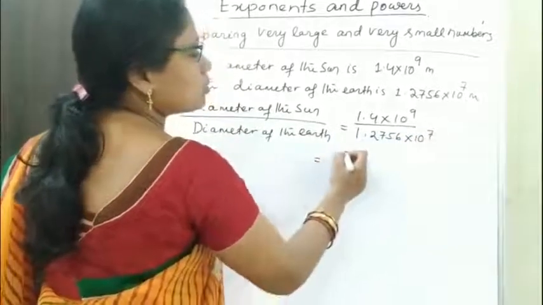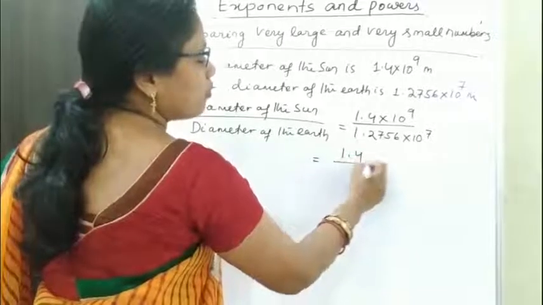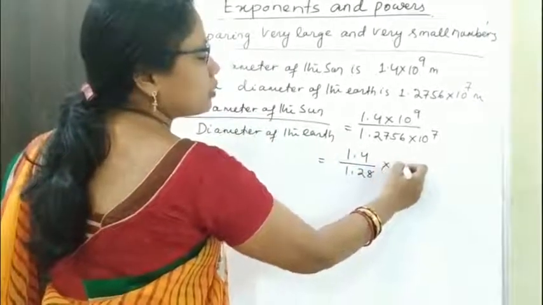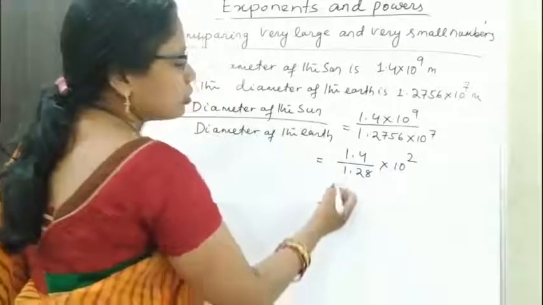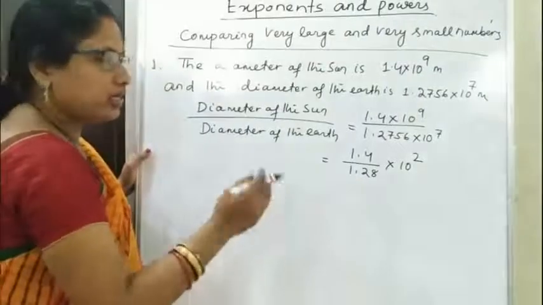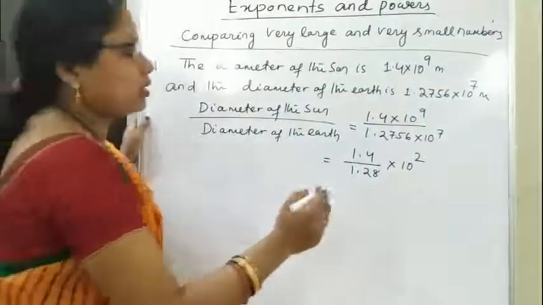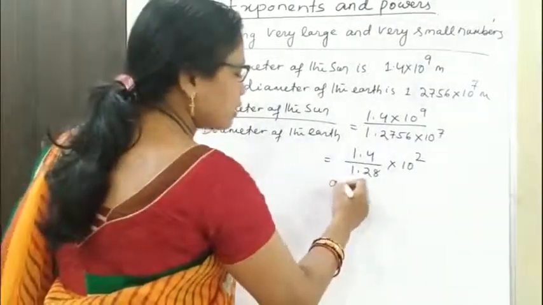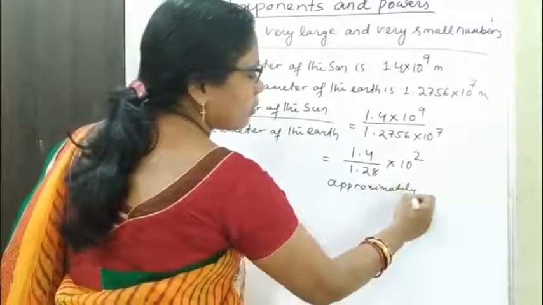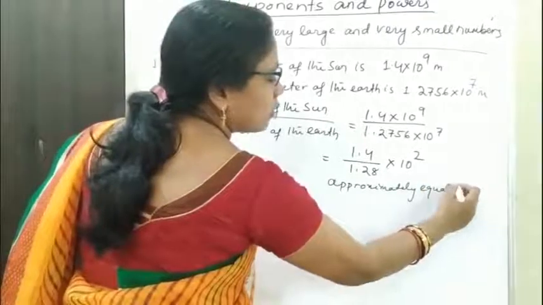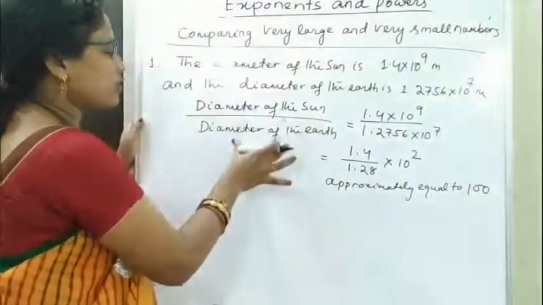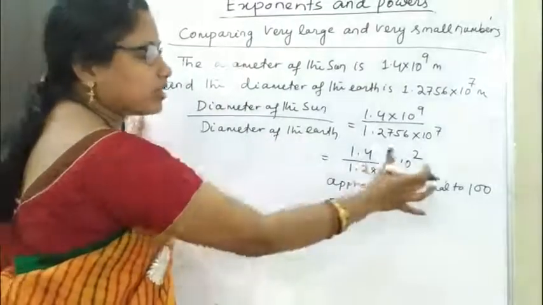So this is equal to 1.4 by 1.28 into 10 to the power 2. So 1.4 by 1.28 is approximately equal to 1. So that is approximately equal to 100. So the ratio of the diameter of the sun and the diameter of the earth is 100.